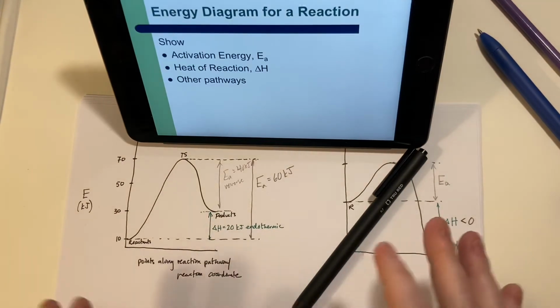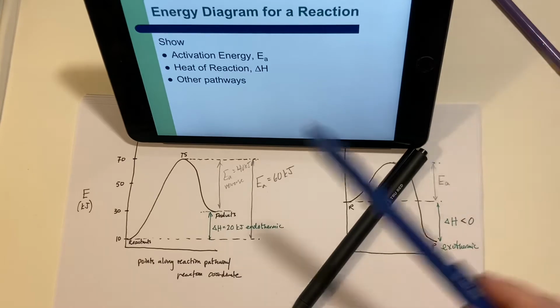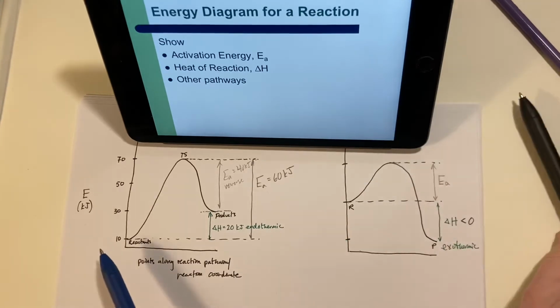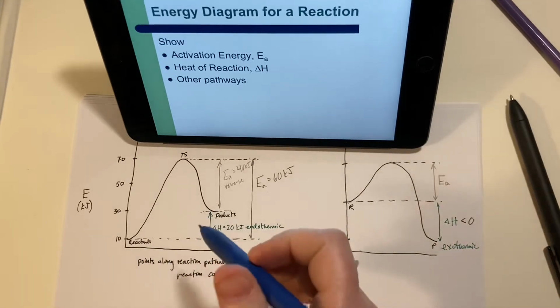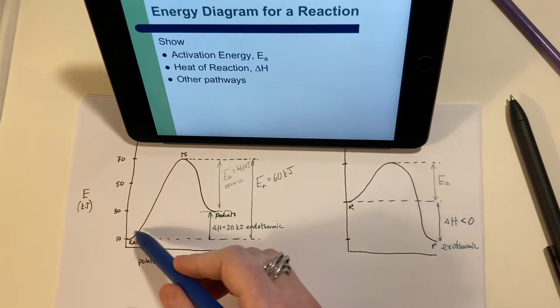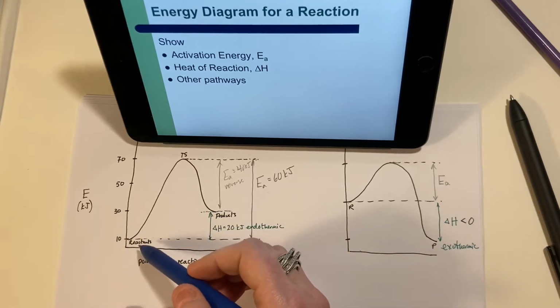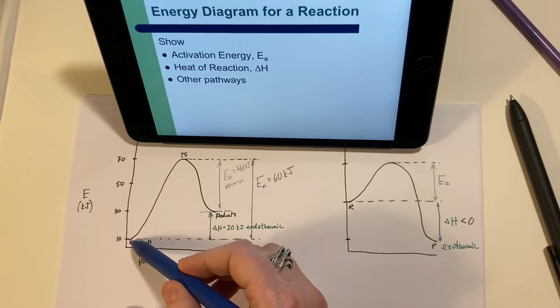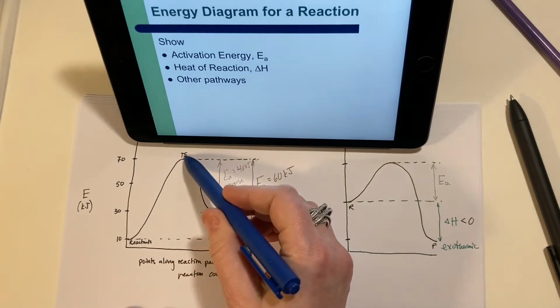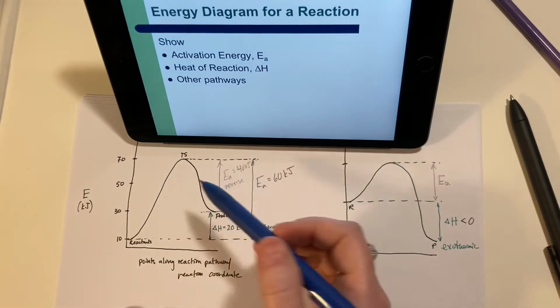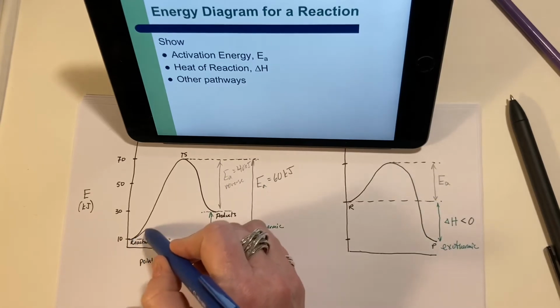Now, last class, we talked a little bit about catalyzed pathways. A catalyst is a substance that will participate with the reactants and weaken some key bonds. And so the amount of energy needed to activate the reaction is going to be reduced. So it's a different pathway.